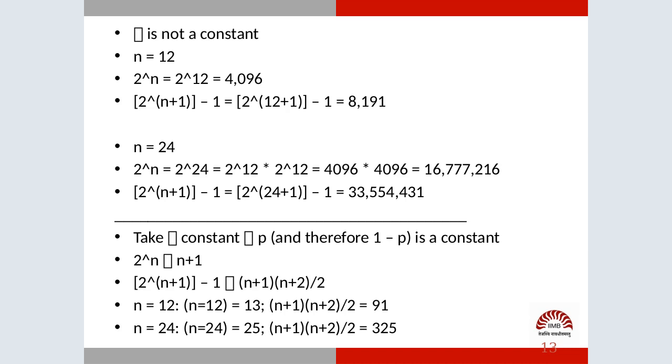The number 4096 increases to 16,777,216, and therefore the number 8191 increases to 33,554,431. So you realize that the increase is just phenomenal. The increase is just humongous.